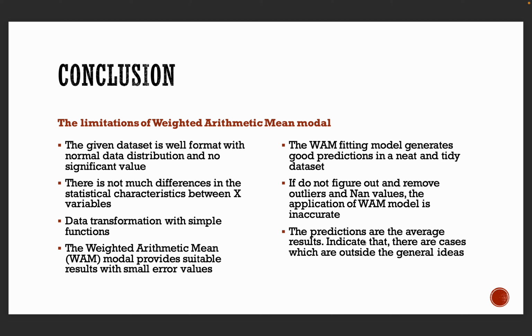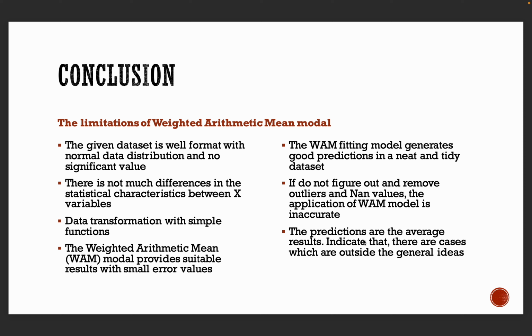In conclusion, the assignment provides data analysis practice on a well-formatted dataset. In that, the weighted arithmetic mean is the most suitable fitting model applied for separate wine samples. The assignment requires good understanding of data distribution, data cleaning, and transformation.